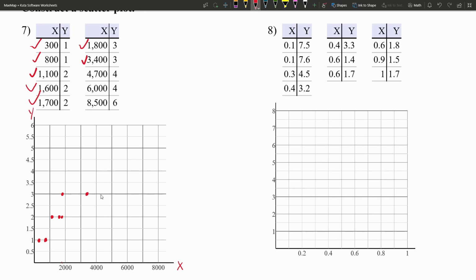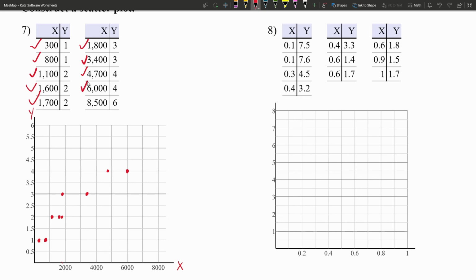Now we have 4,700, so going past our 4,000 tick mark, but before our 5,000 tick mark, we need to go up to 4. So approximately here. And then 6,004. Luckily enough for us, 6,000 is indeed a line, so we just have to go up to 4 and find that intersection.